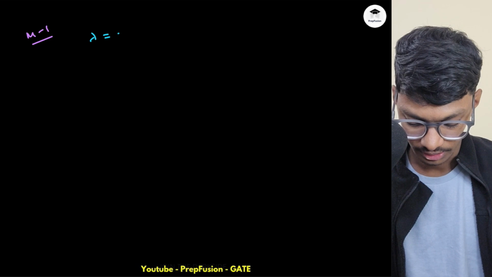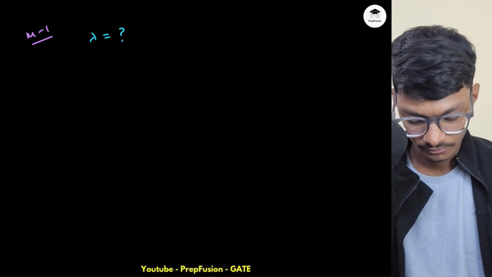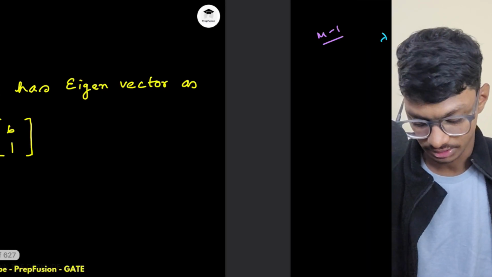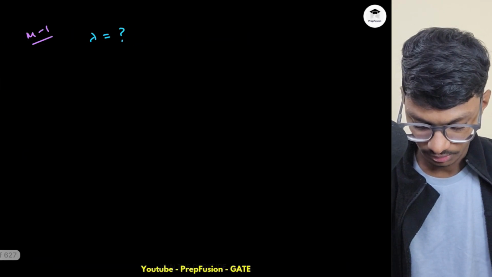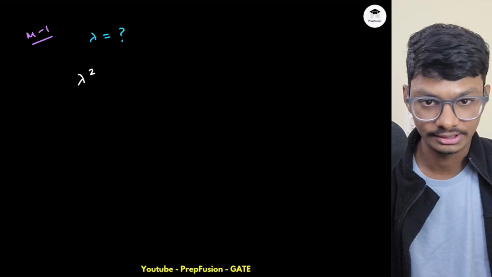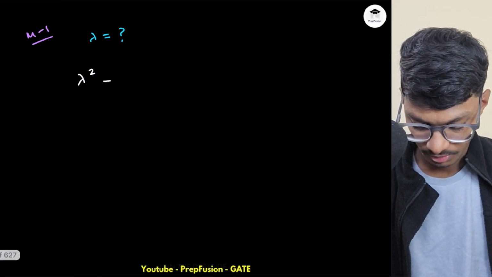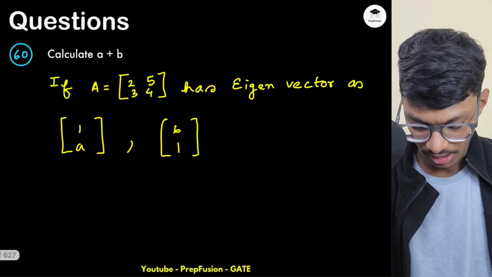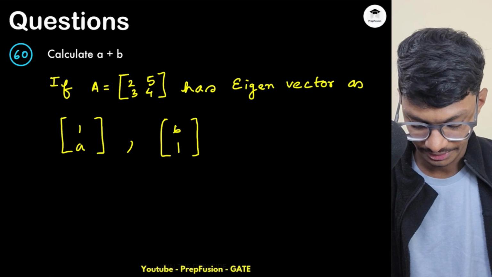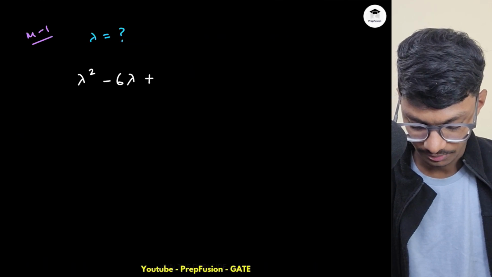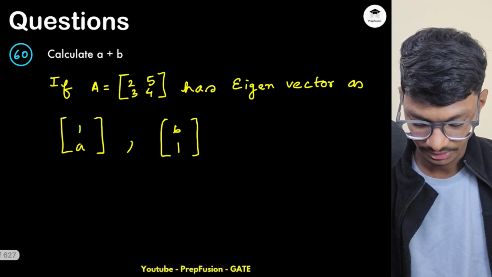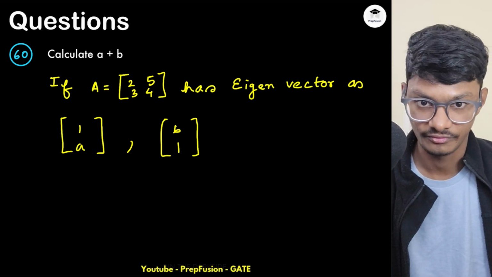So what are my eigenvalues? I can use the characteristic equation, which is lambda squared minus 6 lambda, this is trace, plus determinant of this matrix. This is 8 minus 15, which is -7.